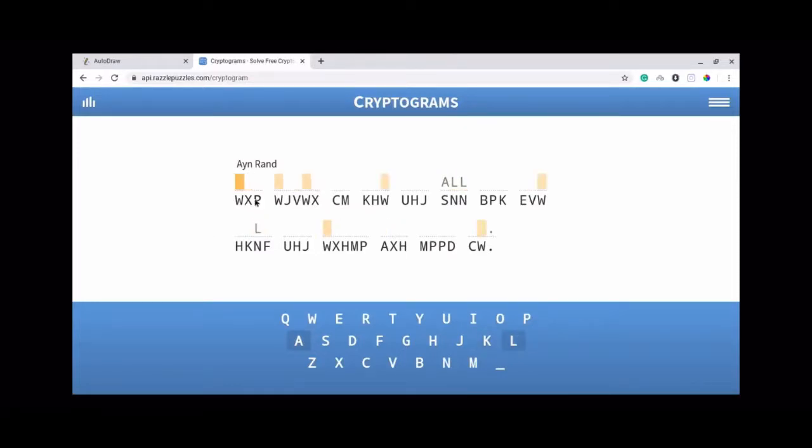So D is pretty common, but it's Ayn Rand. So we're going to keep going. This seems to be a common letter. It would be E. I say it would be E, but I can't think of any 3-letter word that starts with E other than I, so I'd say it's not. I'd say maybe it's A, because it's pretty common. But what 2-letter word ends with A? None.